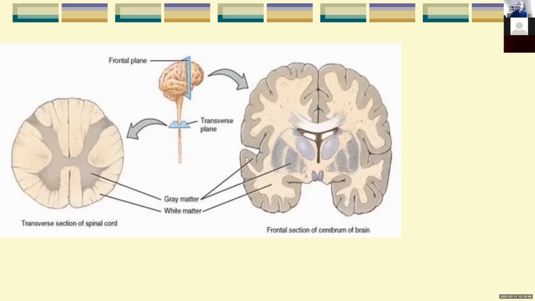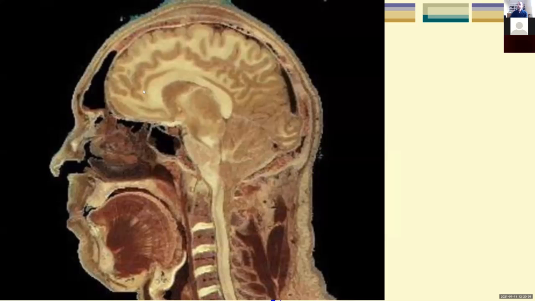Same thing with the brain. The outside of the brain is known as gray matter. All of the faster traveling parts of the brain, which contain myelinated axons, are known as the white matter. You can see it here in an actual human brain sliced mid-sagittally. You can see this is one half of the brain.